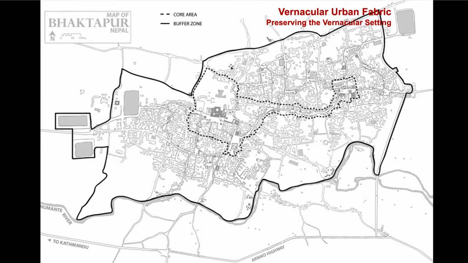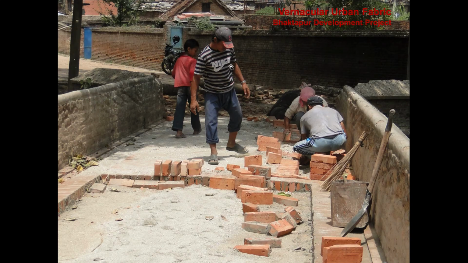That buffer area is very important because it protects the core area from any other development that might happen around the historic area. Another important aspect of Bhaktapur, in the buffer area as well as in the core area, is that the entire town of Bhaktapur is paved with brick.